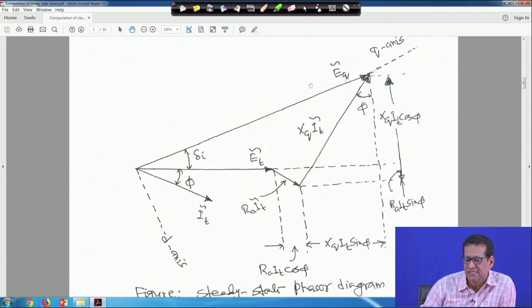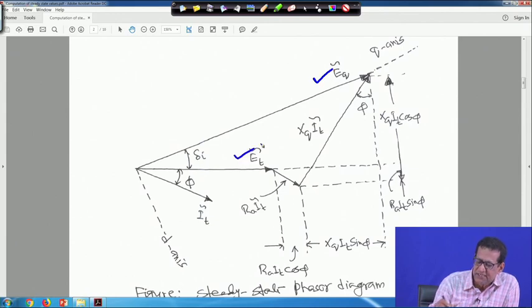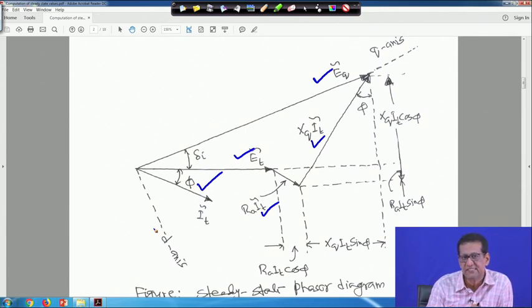EQ tilde is equal to Et tilde plus RA IT tilde plus jXQ IT tilde, this we have seen, right? The current IT tilde lags Et tilde by angle phi, and this is my d axis, and the angle between q and d axis is 90 degrees, right?